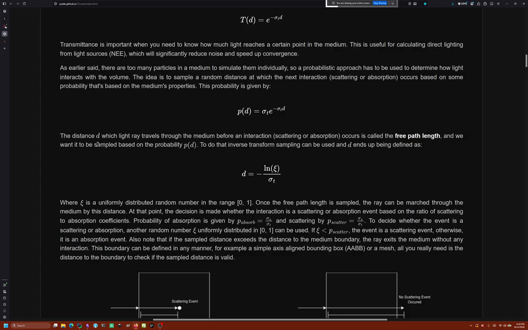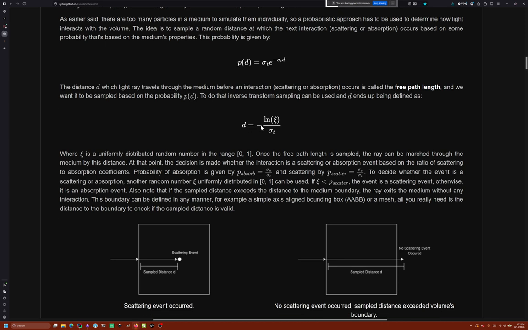We want to sample based on the probability P of d. To do that, inverse transform sampling can be used, and d ends up being defined as the negative natural log of a uniformly distributed random number in the range 0 to 1 divided by the extinction coefficient.